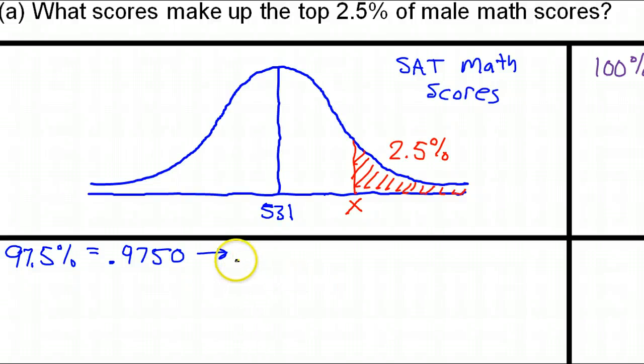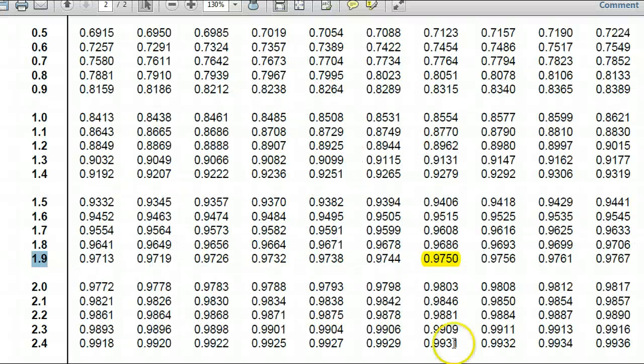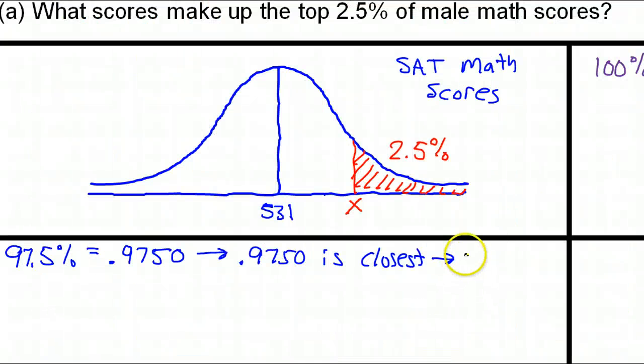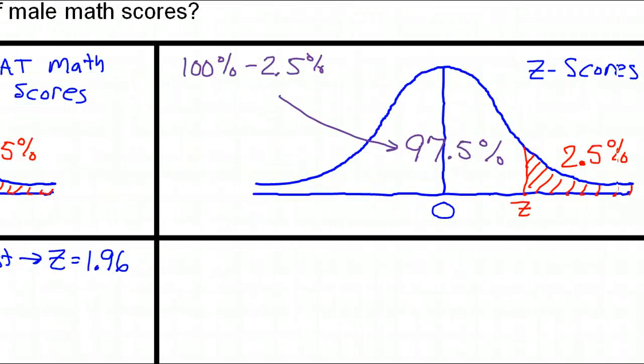Normally we have something that's close, and we'll say 0.9750 is closest. Now I could have skipped this because it's the same exact thing. Is it really 0.9750? Yeah, there it is. But anyway, that gives us our z-score of 1.96. Fine, so we found the z-score.